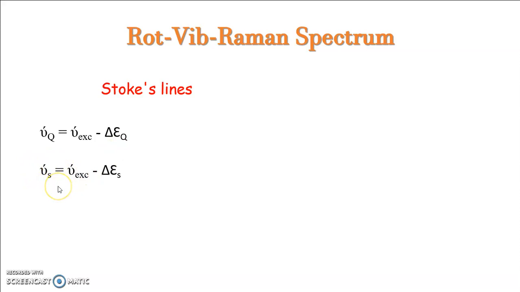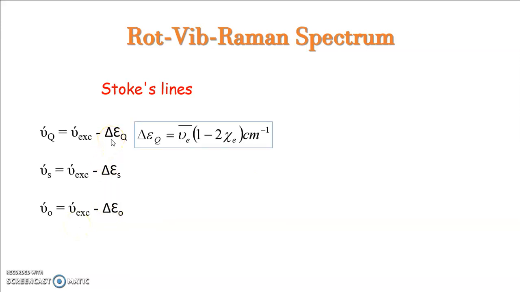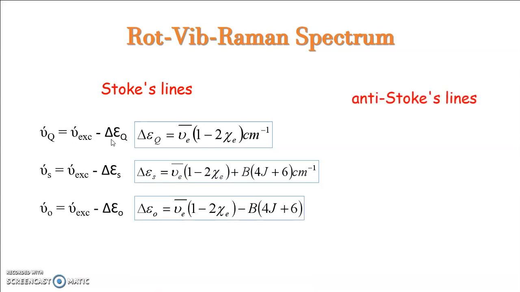Next is nu bar S, next is nu bar O. All have a decrease in frequency from the exciting radiation, where delta EQ is that, and delta ES and delta EO.